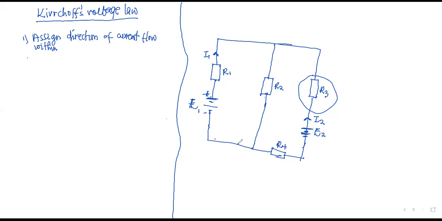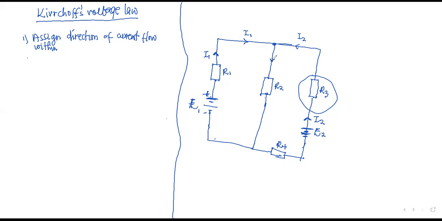Okay, so after assigning direction, you see, I1 will get to this junction. I2 would also flow and get to the same junction. So at this junction, it's obvious I1 and I2 are currents entering that junction. Kirchhoff is saying that the sum of current entering the junction must be equal to the sum of current leaving that same junction.